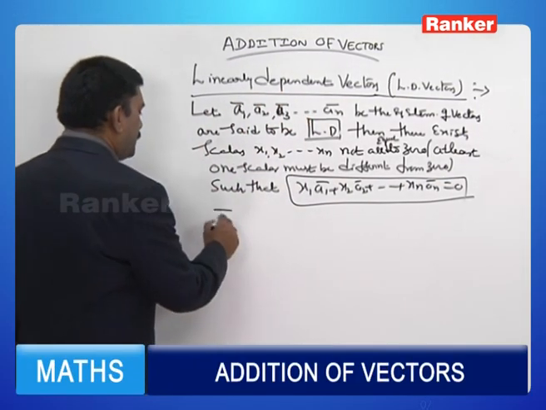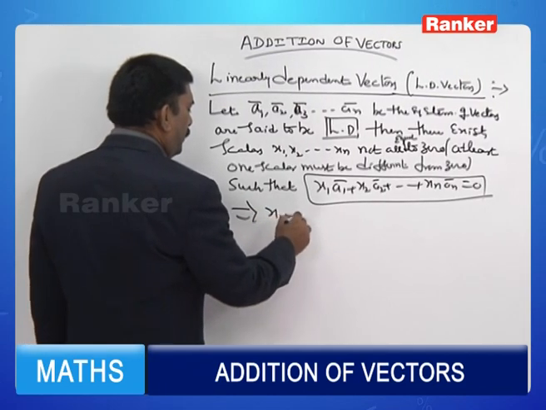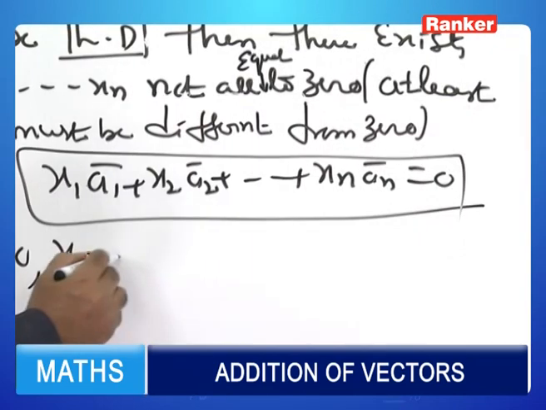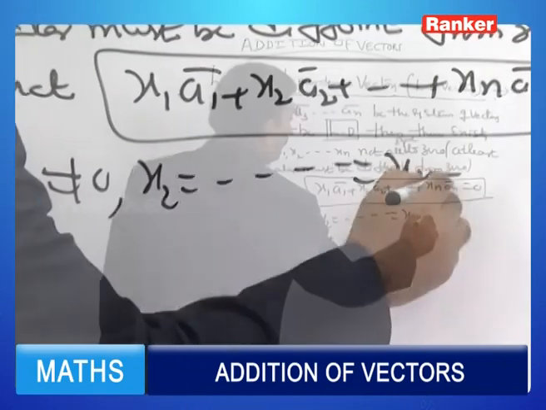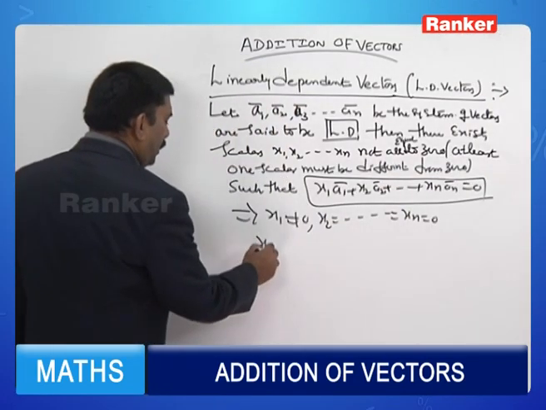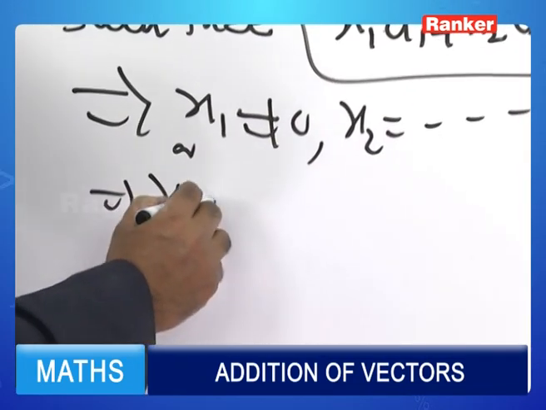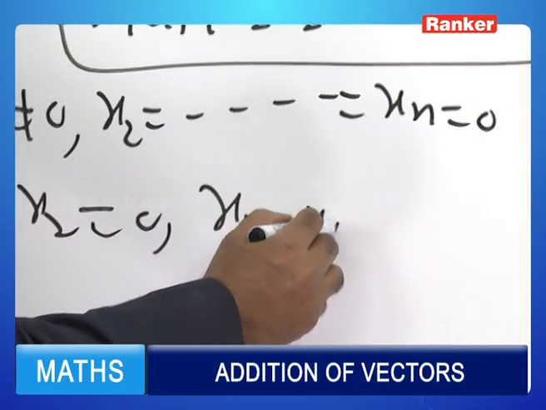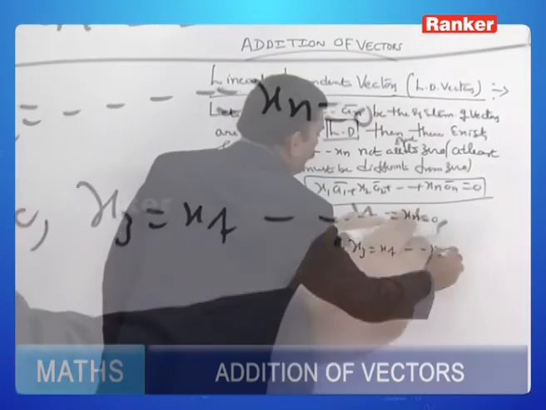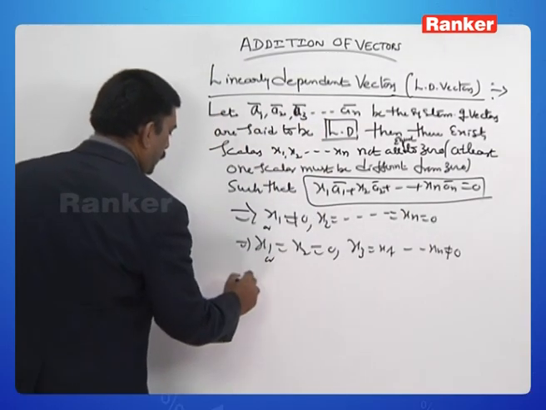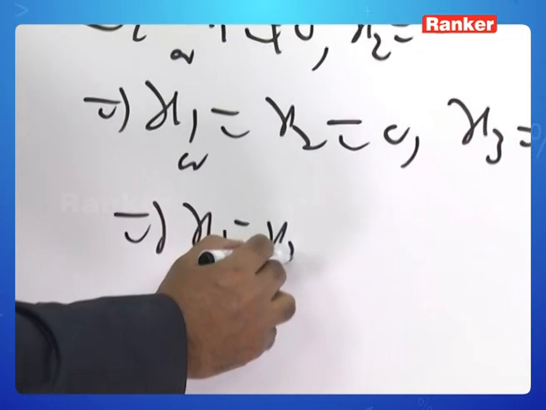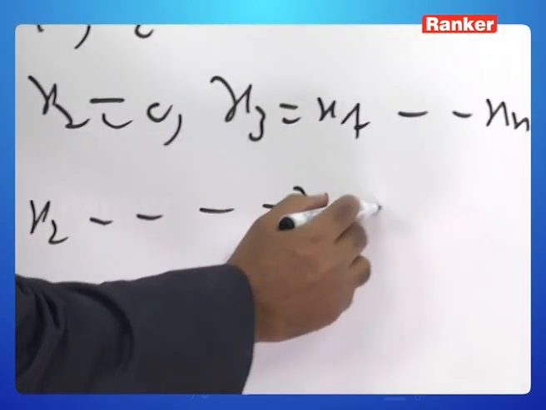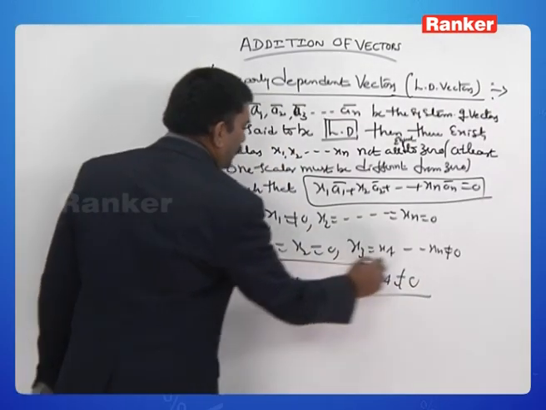Which implies x1 may be not equal to 0, x2 to xn may be equal to 0, or x1, x2 may be equal to 0, x3, x4 all may be different from 0, or I can also write x1 is equal to x2 and x4 not equal to 0, any one of the conditions.